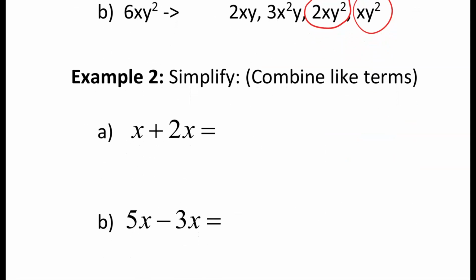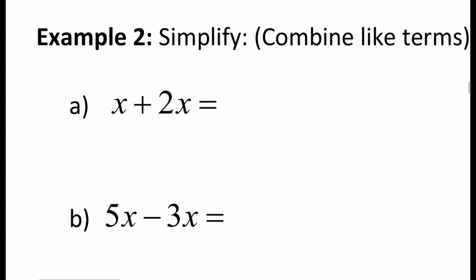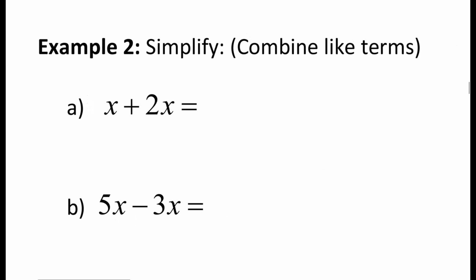In example 2, it asks us to simplify, so we're looking at combining like terms. The first one is x plus 2x. Because our variables are both x and the exponents are the same, we're able to simplify this by combining the like terms. The way we go about this is simply adding them.